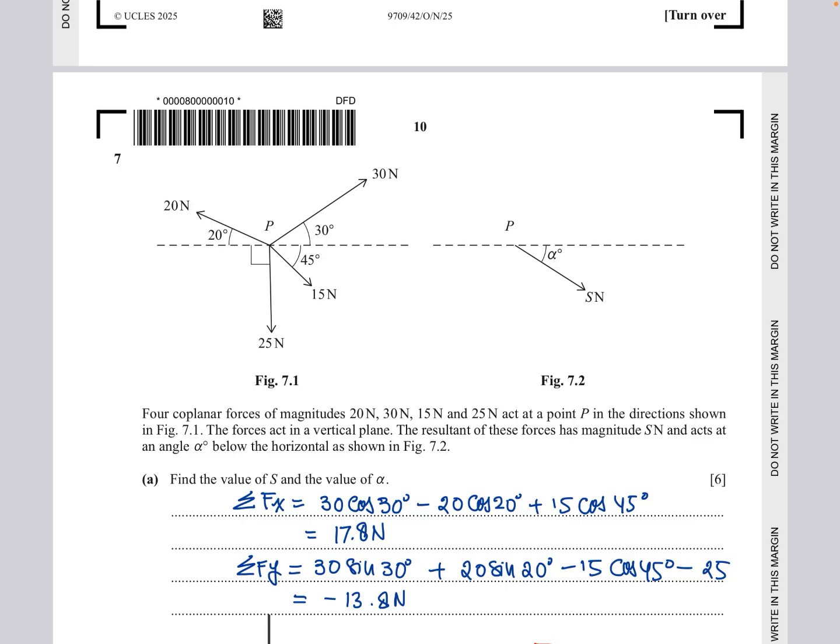The forces act in the vertical plane. The resultant of these forces has magnitude S newtons and acts at an angle alpha degrees below the horizontal as shown in figure 7.2. A. Find the value of S and the value of alpha.